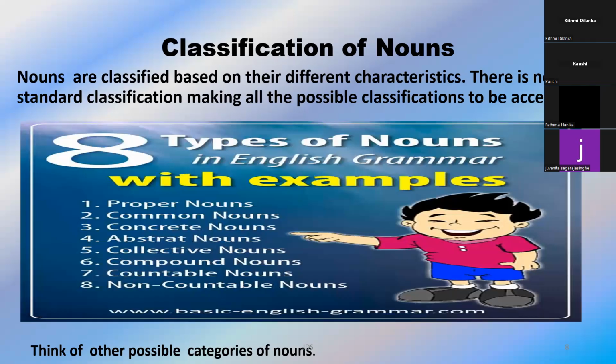So you have the proper nouns, common nouns indicating certain common entities, concrete nouns that can be touched and felt, abstract nouns related to qualities, collective nouns, group names, compound nouns, two nouns coming together, or else an adjective and a noun, good person, honest man, right?